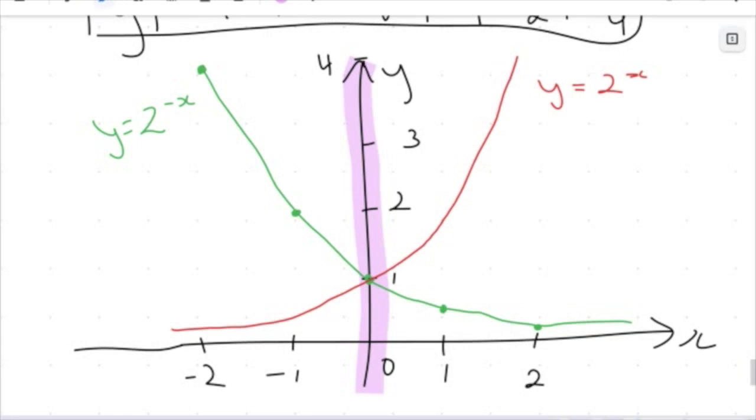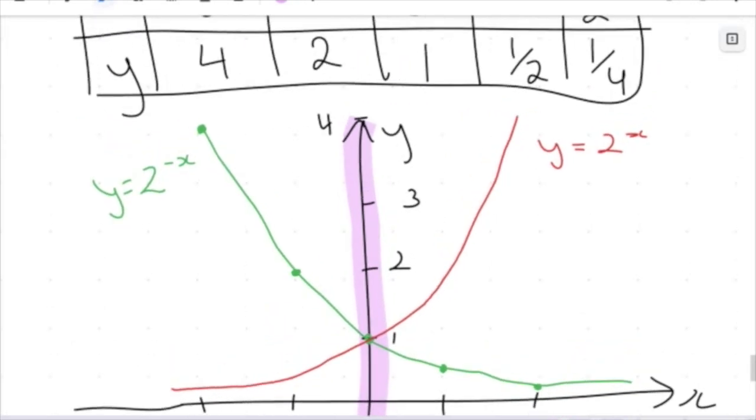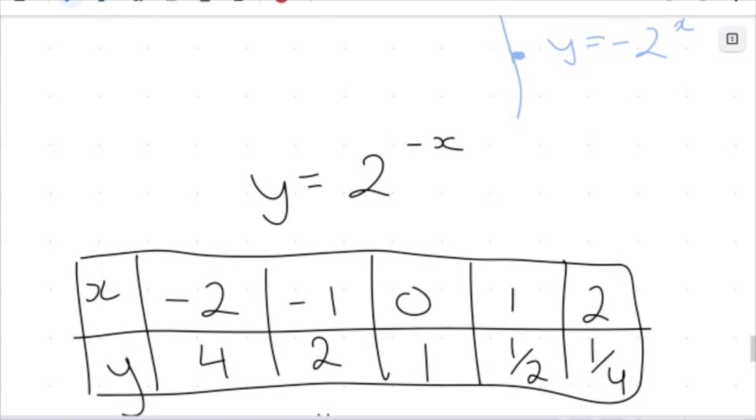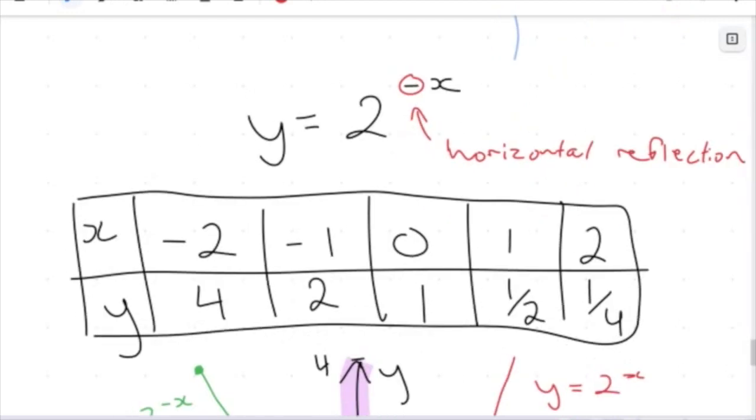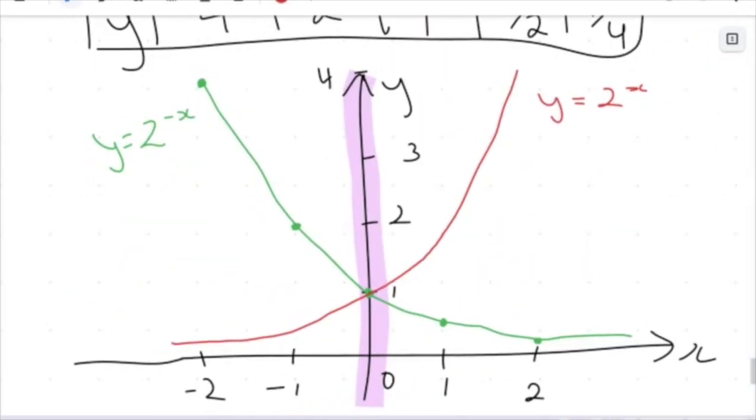And we get a pretty interesting and kind of nice looking transformation. Everything's the same, but all the x values are negative. So the negative x values produce the same positive y. So that's the effect of this negative here. This negative is acting on the x. So this is a horizontal reflection. Everything is getting reflected around my y-axis.